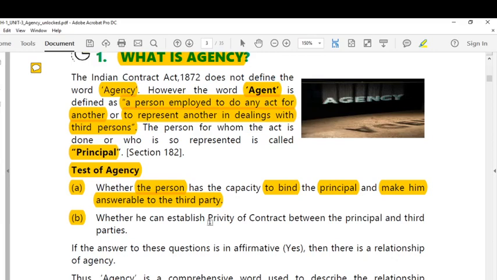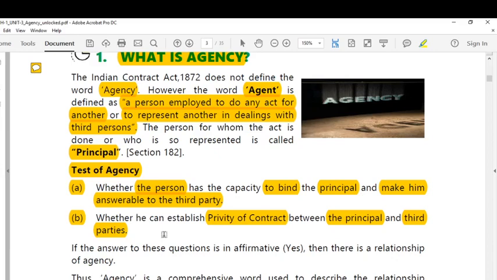And the second test, which is given in B, is whether he can establish privity of contract between the principal and third parties. So for the actions of the agent, a privity of contract should come into the picture.